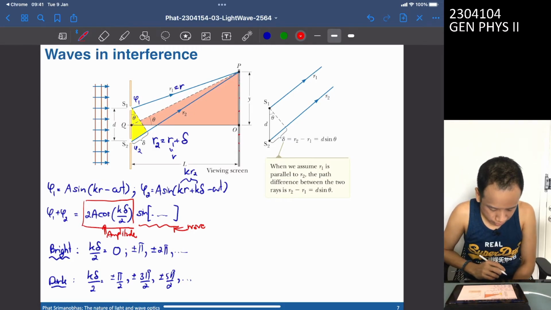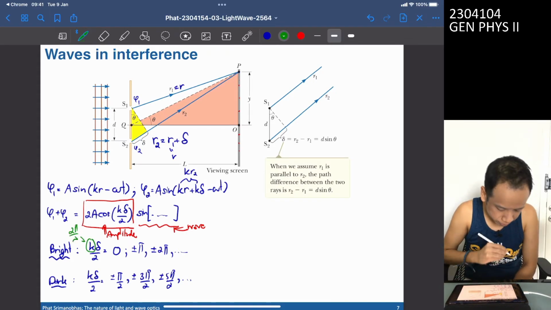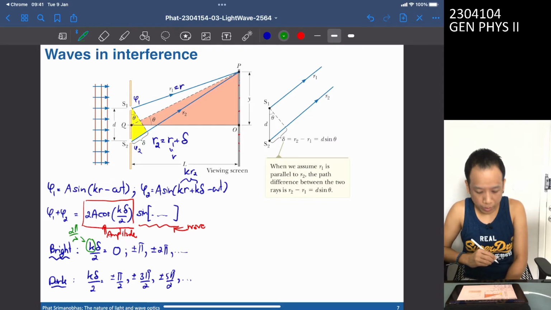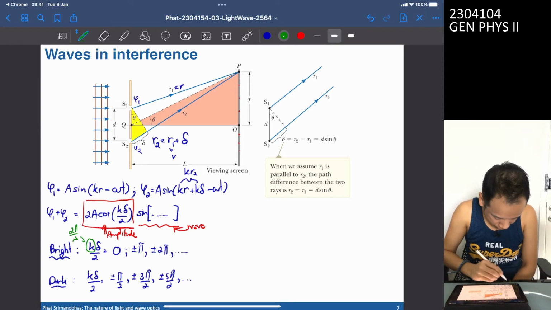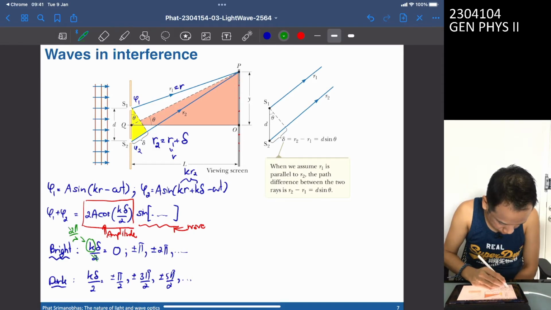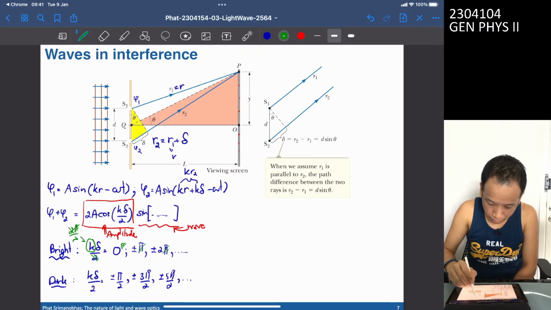And then what you can do next is put k back, since you know that k is 2 pi over lambda. So maybe I cancel this term 2, and pi can be cancelled.